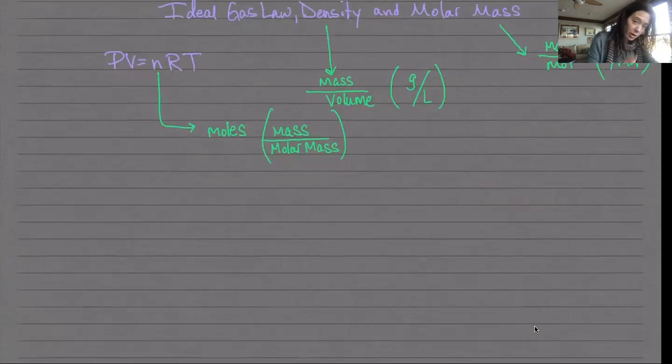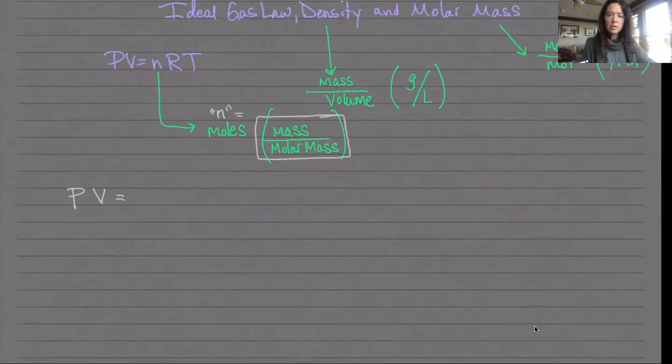So what we're doing, guys, is deriving an equation. If we take the ideal gas law, PV equals n, and in place of n, we plug in mass over molar mass, because when we solve for n, do you not essentially take your grams and divide by the molar mass? That will give you the number of moles.